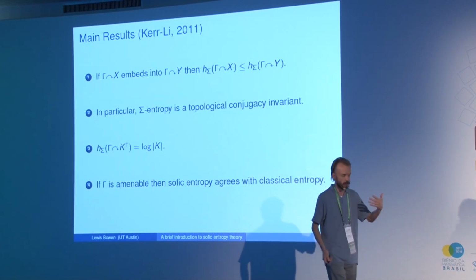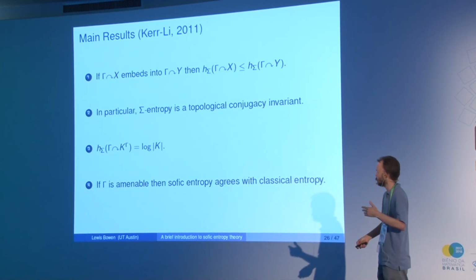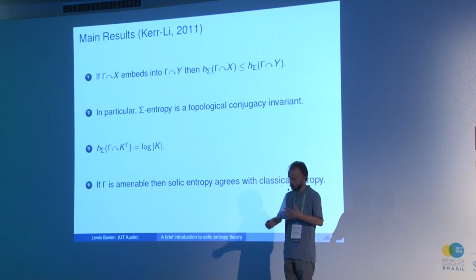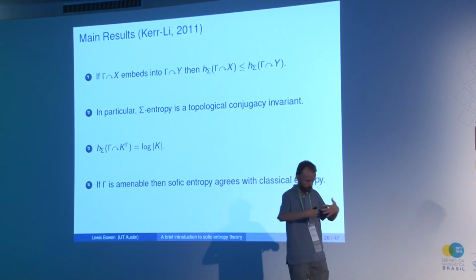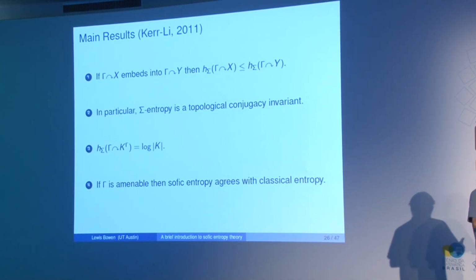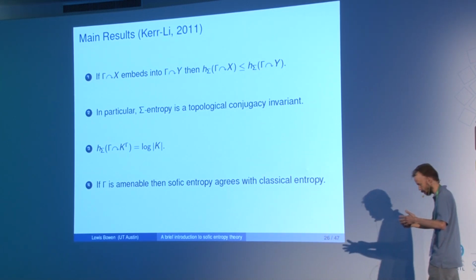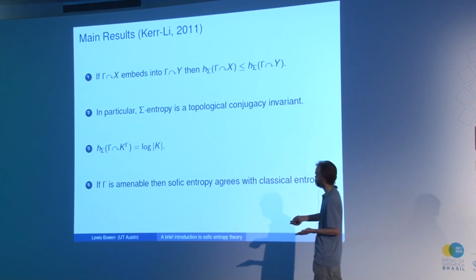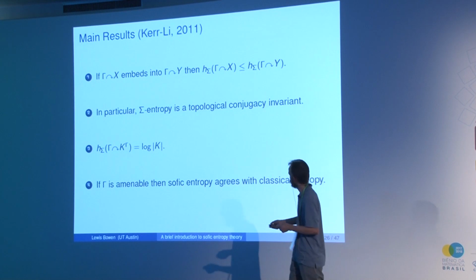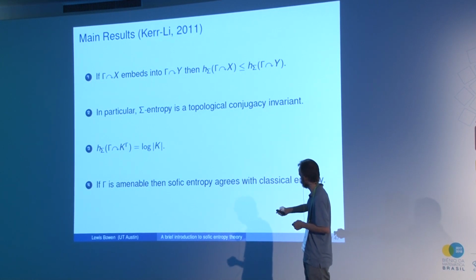But if you take a nice enough sequence, and I'll say what that means in a moment, then this is true. And that's just because you label the vertices of your finite set by elements in K arbitrarily in order to get good maps. I'll say a little more about that later on.